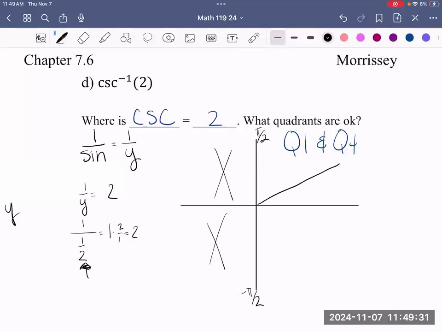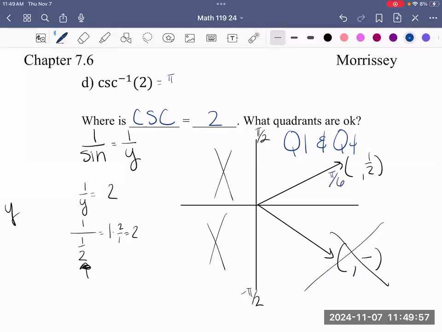This being positive, and y being negative in the other quadrant, we're not working in the negative quadrant, meaning our answer can only be in quadrant 1. So what is the angle when we have sine of 1/2? That would be at pi over 6. So this is equal to pi over 6.